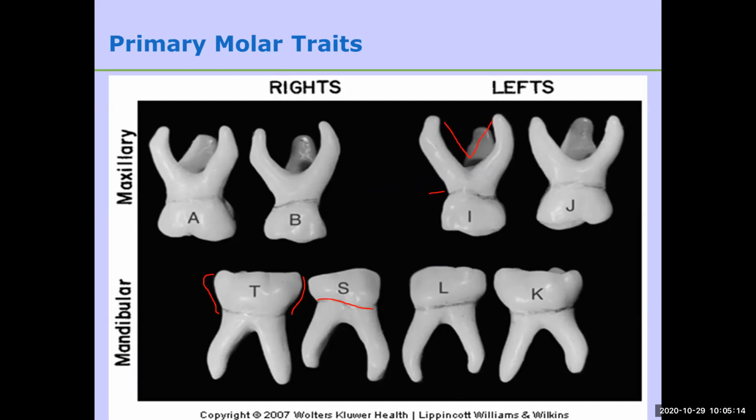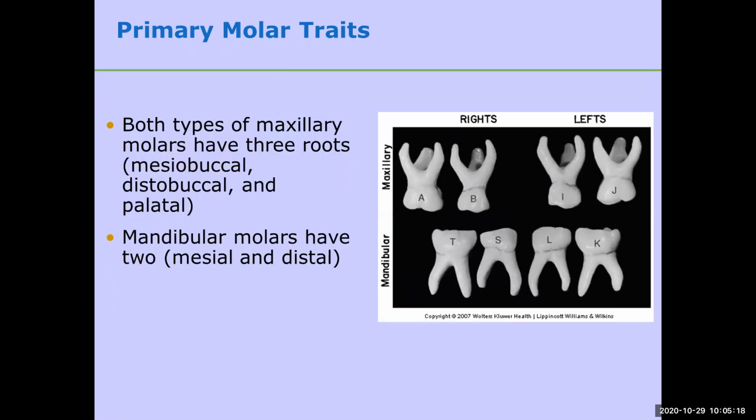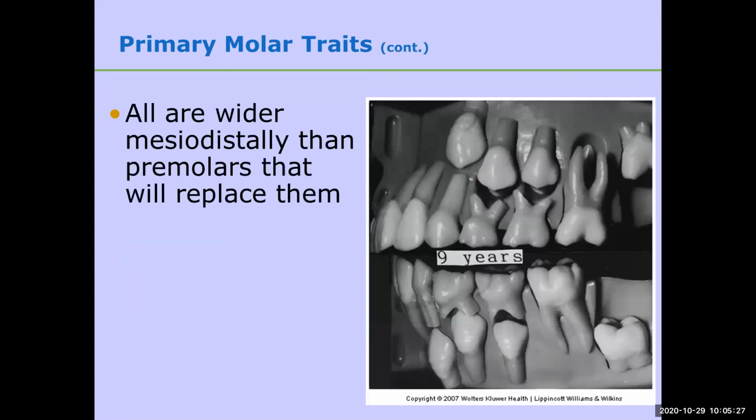The space between the roots. Three roots versus two roots, top and bottom. All are wider mesiodistally because the premolars need to have space to replace them.